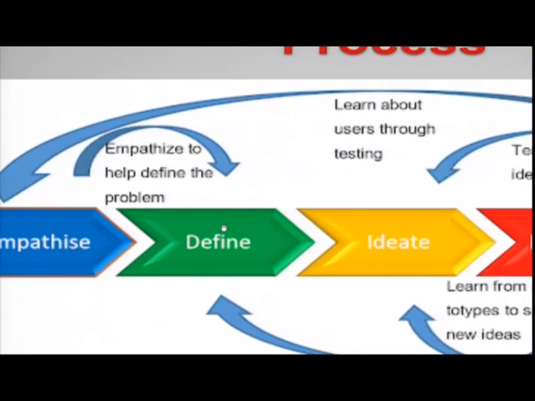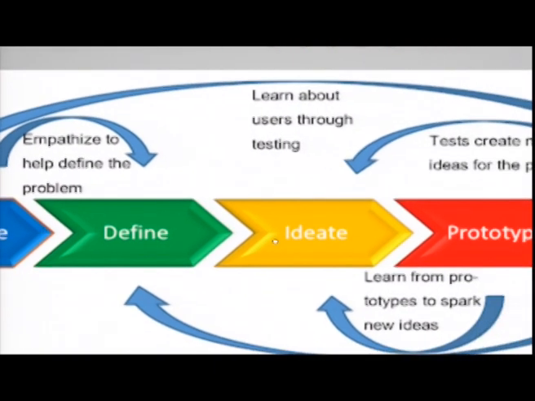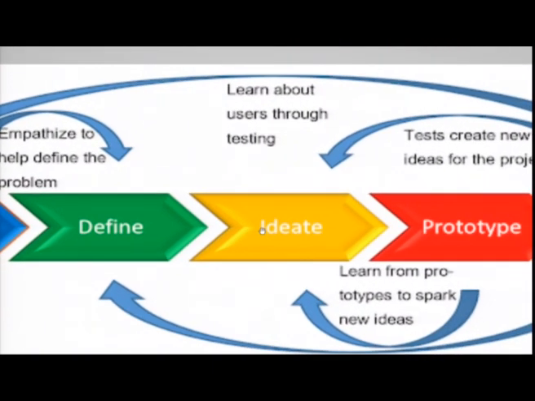Then after definition, you ideate. Ideation means you come out with your own ideas. How am I going to build it? Will it be feasible? What do I require? Where do I have my office? How many resources do I require? So you ideate. Then based on the idea, you create a prototype.